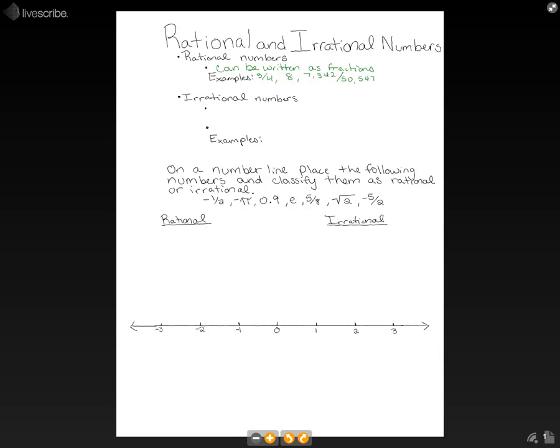Irrational numbers can be written as endless, non-repeating decimals, and they cannot be written as fractions.